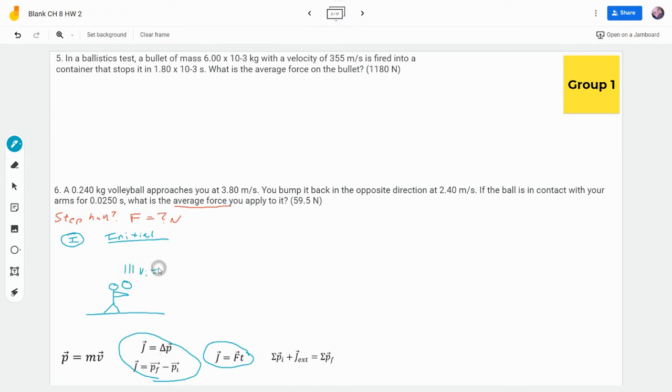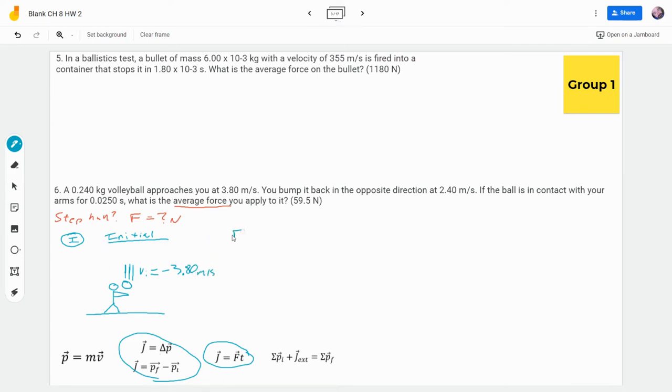So V initial is 3.80 meters per second. If it's going down, let's make it negative 3.80 meters per second. So that's your initial drawing.